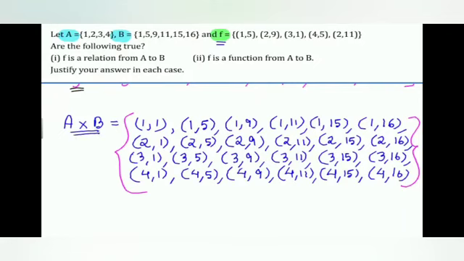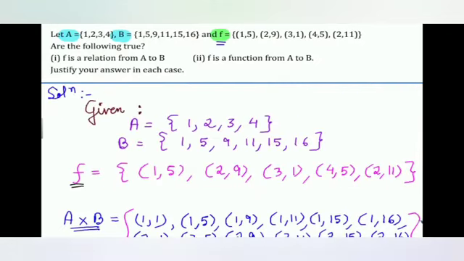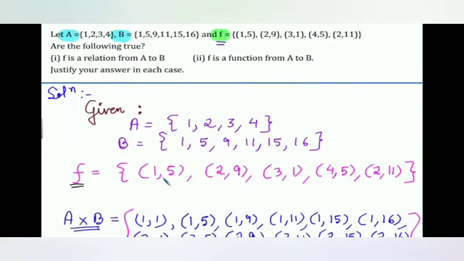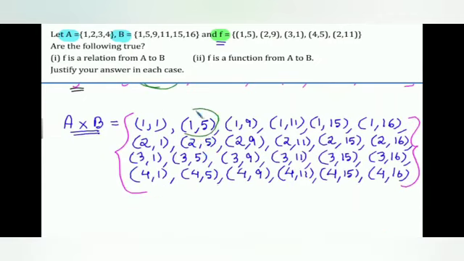So A cross B is equal to all these elements, right? You all know how to find A cross B. So your function element 1, 5 is in your relation.